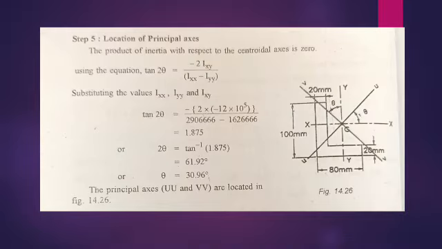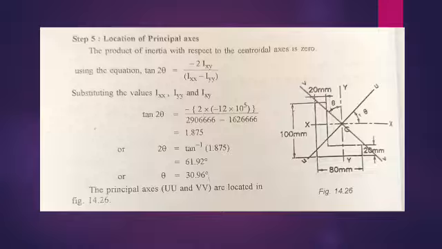Then we are going to locate the principal axis. We know that the formula for the location of principal axis is tan 2 theta is equal to minus 2 Ixy divided by Ixx minus Iyy. We already found all the values, product of inertia, moment of inertia about xx axis and yy axis. Substitute the values.